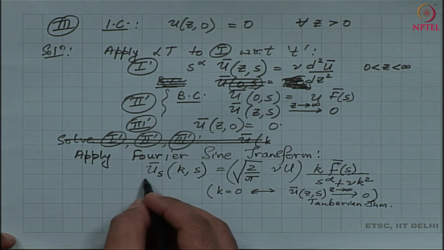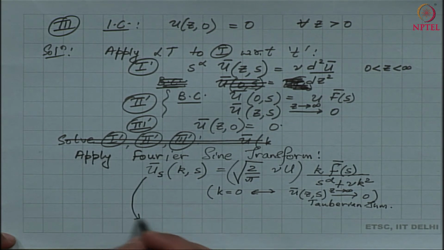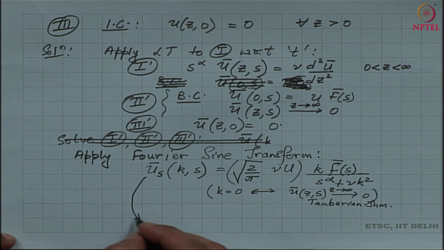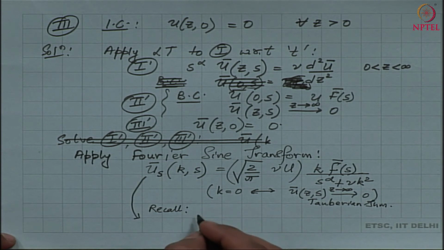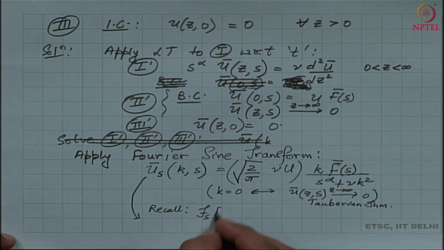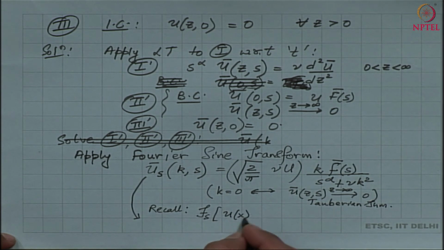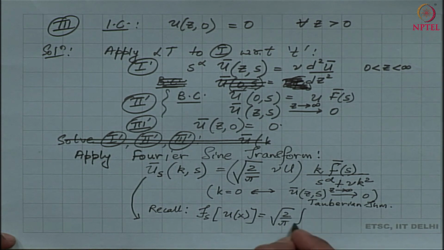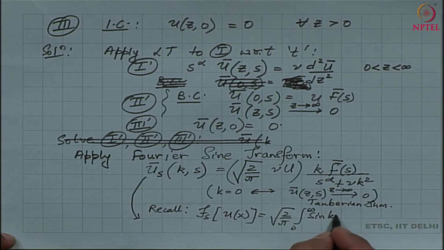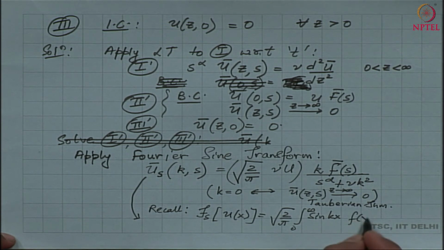Before I move ahead, I just want to highlight that this is the sine transform. So, let me just recap what my sine transform is. Recall that my Fourier sine transform F_s of u of x is given by square root 2 by pi, integral 0 to infinity, sine k x times f of x dx.